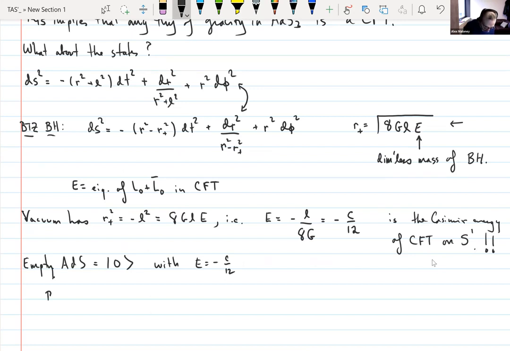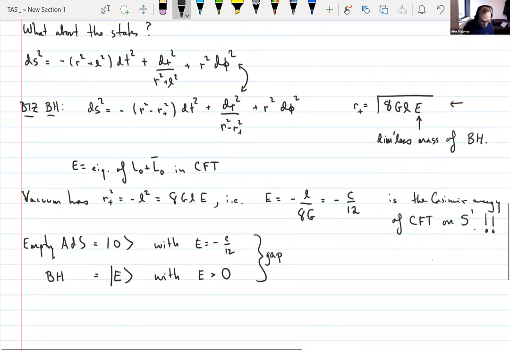And a black hole is identified with some other state or set of states in a CFT with an energy bigger than 0, because if E is equal to 0, the horizon shrinks to 0 size. So there's a gap in the spectrum of gravity in AdS, a gap of size C over 12.